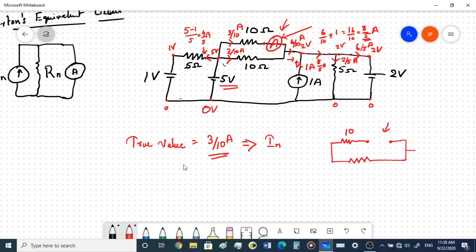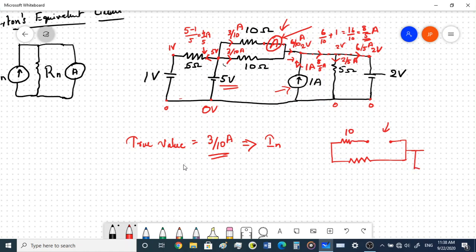Now what we do is open the current sources and short circuit the voltage sources in this case. So we have a current source, we have already opened it, so there is no branch in this current source. Instead we are going to put only the resistances right now.